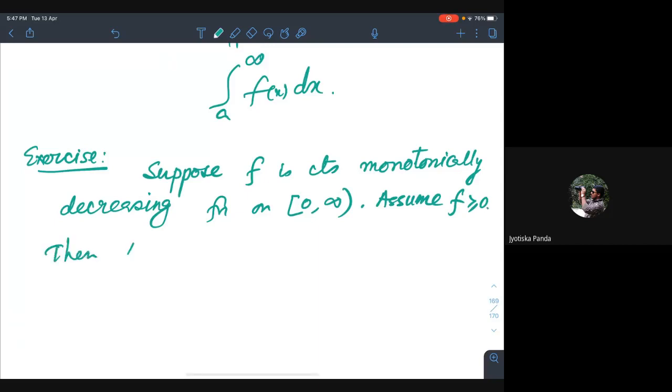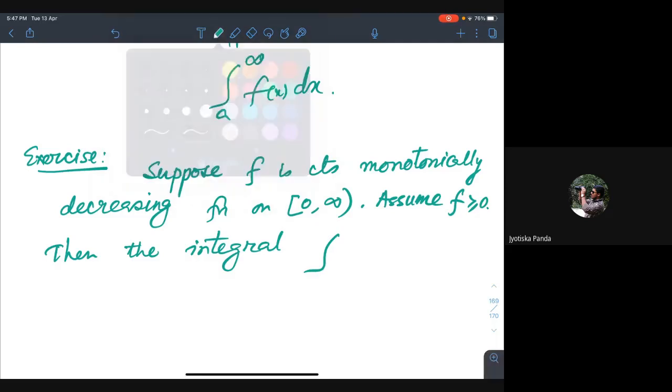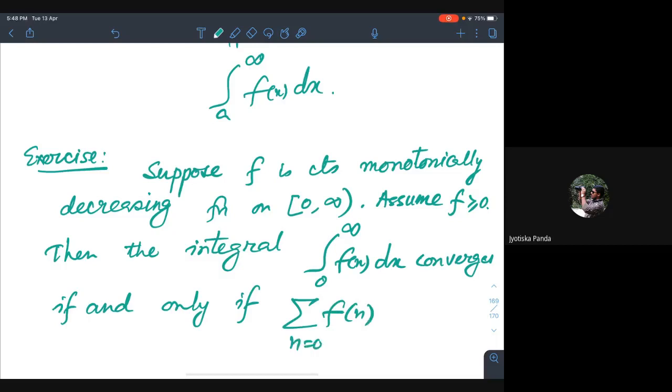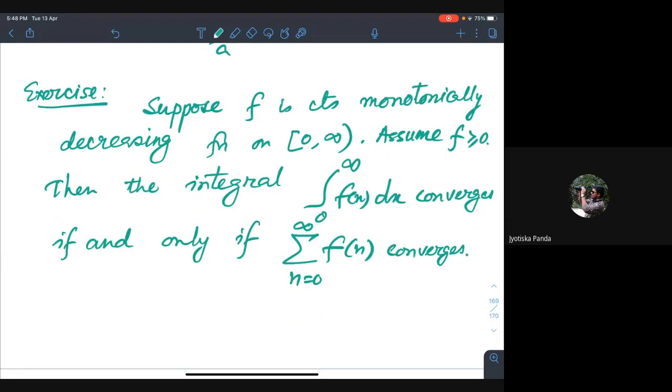Then the integral from 0 to infinity of f(x) dx converges if and only if the summation of f(n), n from 0 to infinity, converges. So the integral converges if and only if the series converges.